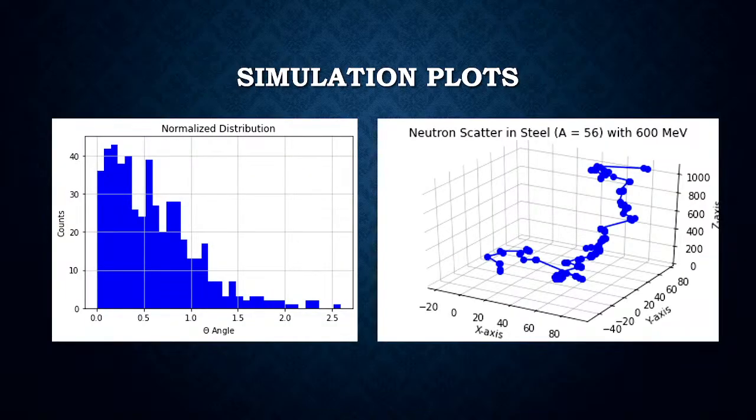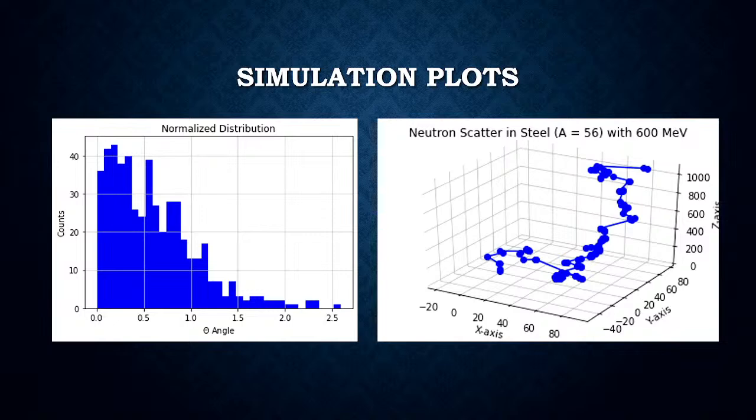And so these are some of the plots that we made with the simulation. The one on the left is a normalized distribution of the scattering angles of neutrons. And we used that to sample a set of 116 angles, which is the number of interactions that we calculated to be how many interactions would happen in that set distance.